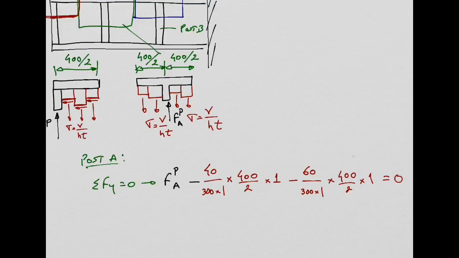So the only unknown in this equation is the force in the post A, which according to my calculations here, you get something like 66.7 kilonewtons.